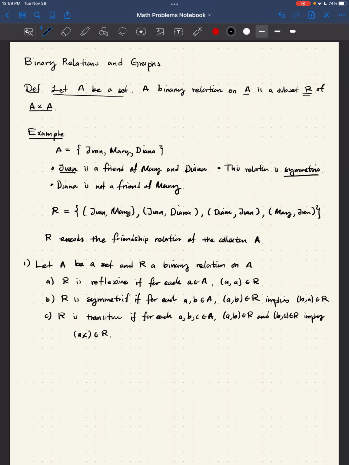And one more that we're going to consider, D. We're going to say that R is antisymmetric if for each a and b in A, if we observe that (a, b) and (b, a) are related, then we have that a is equal to b.